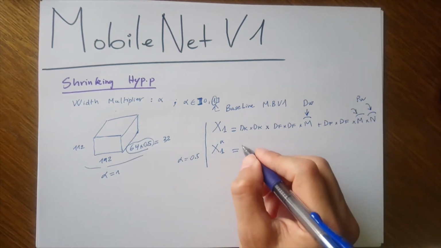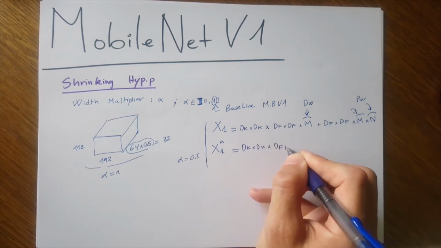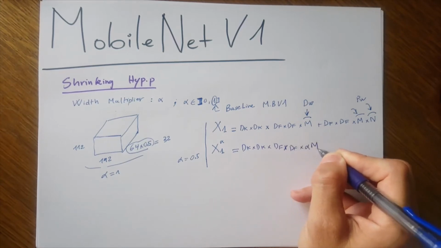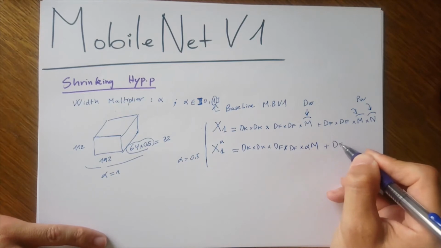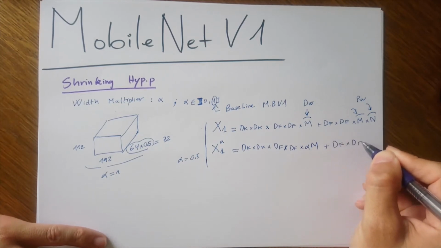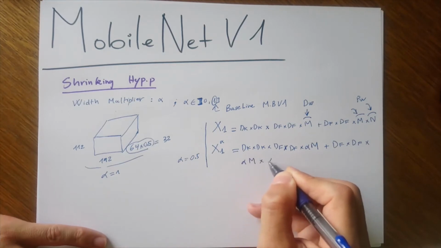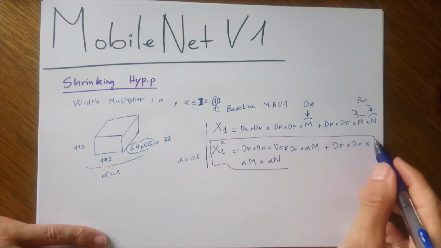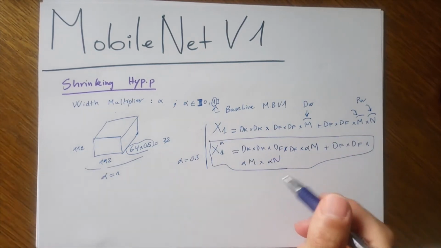Therefore, we would get dk times dk times df times df times alpha m plus df times df times alpha m times alpha n. So this is the new computational cost if you use the width multiplier. Now, what is the reduction?